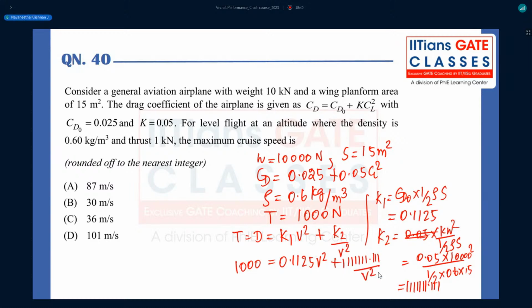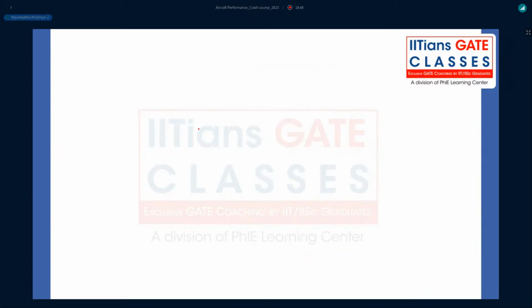Now I take V square to the other side. I take common factor as V square. So I get that equation as 1000 V square equal to 0.1125 V power 4 plus 1111.111.